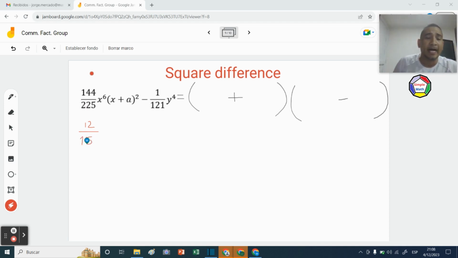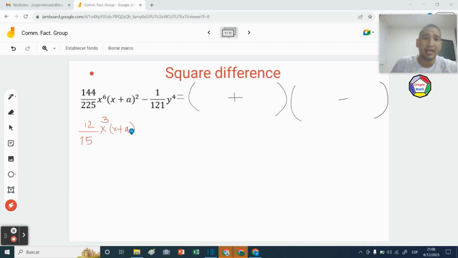X exponent 6 also has a square root, which is x exponent 3. We write it here. And then we do the square root of the parentheses. The square root of the parentheses is the parenthesis, because x plus a exponent 2 has the square root x plus a. So we write x plus a.